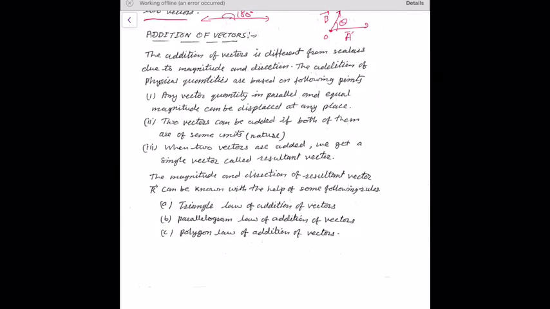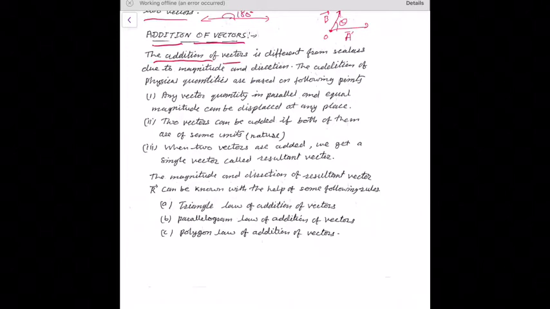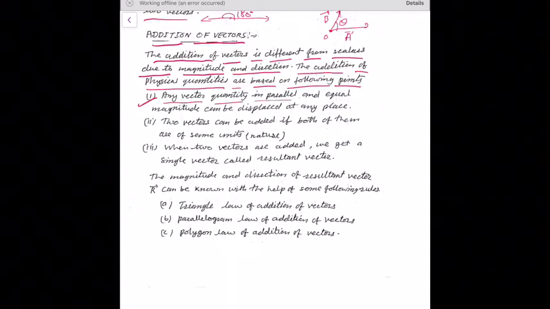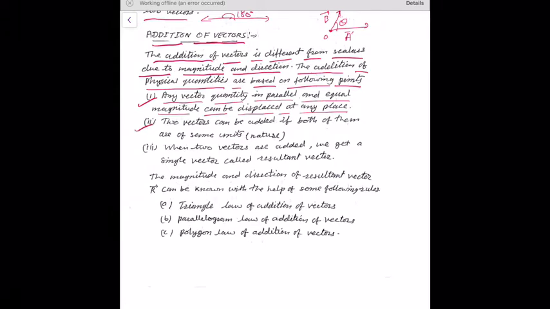Next, addition of vectors. The addition of vectors is different from scalars due to magnitude and direction. The addition of physical quantities is based on the following points. First, any vector quantity in parallel and equal magnitude can be displaced at any place.